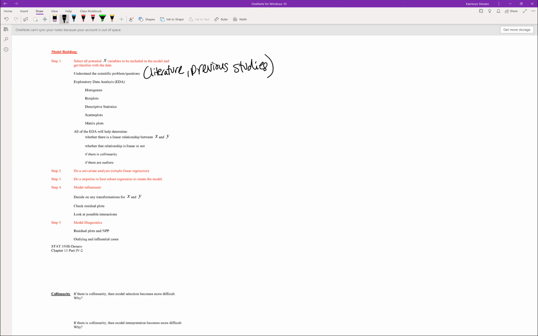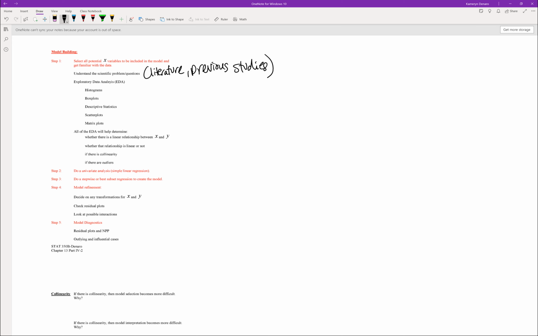Step 2 will be to do our univariate analysis. This could be through simple linear regression or just looking at summaries. In step 3, we can create a model. This could be a full model, or a subset of the data based on best subset regression or stepwise regression, or based on previous literature.